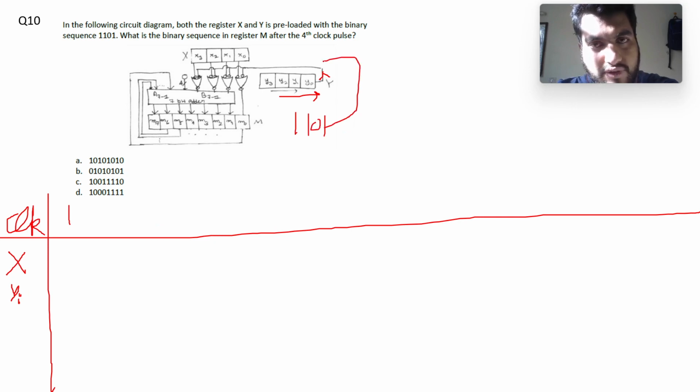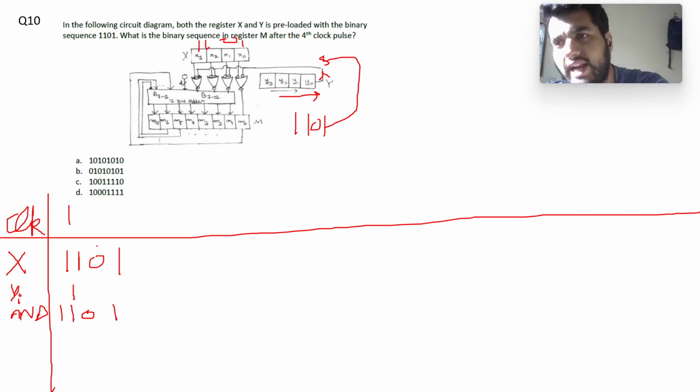First this 1 will go here, and this is 1101 as it is. This YI, this bit Y0, is here as 1. Their AND operation I'll write here, that is equal to 1101, because 1101 ANDed with 1 is 1101 itself.